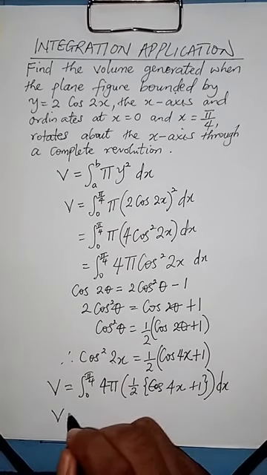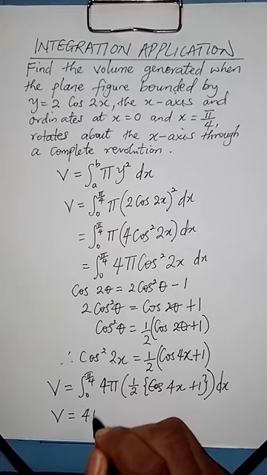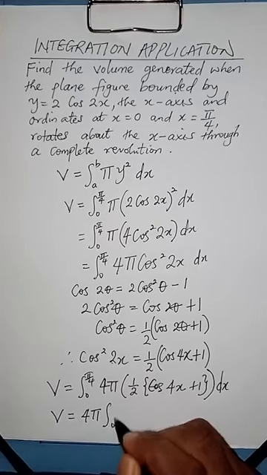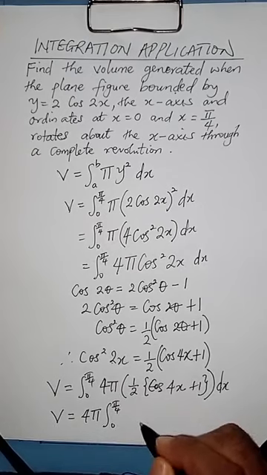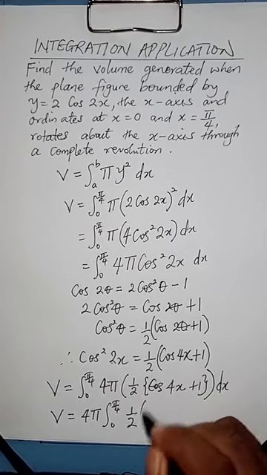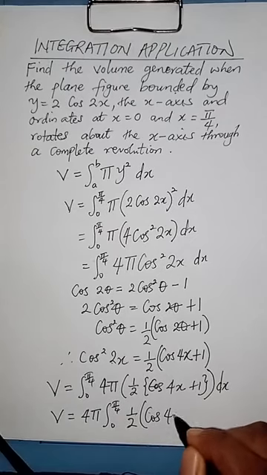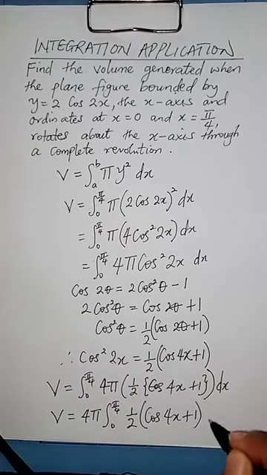But to make it easier, bring out a 4 pi, from 0 to pi divided by 4, so that you're left with cos 4x plus 1 dx. So at this point, you are ready to integrate.